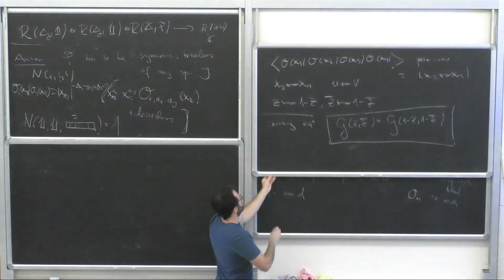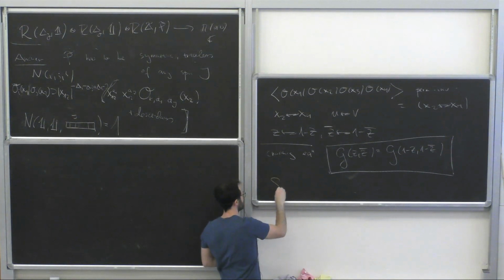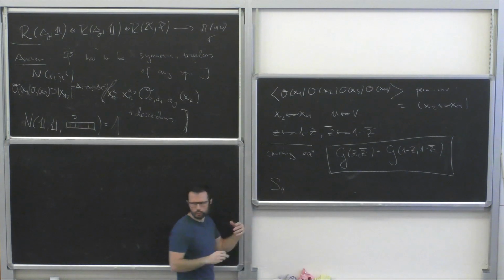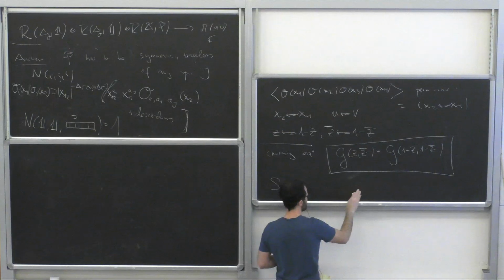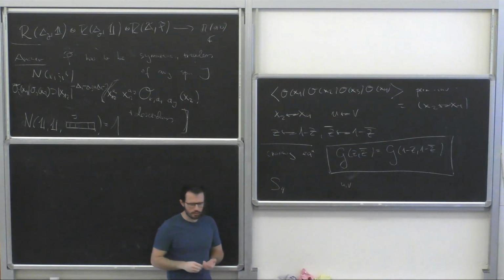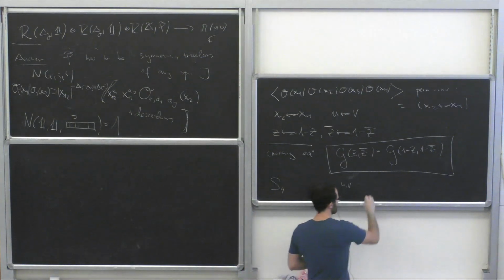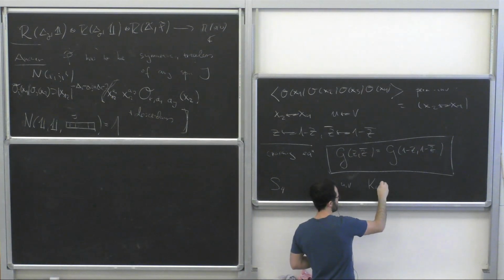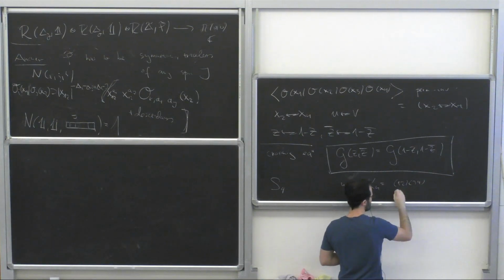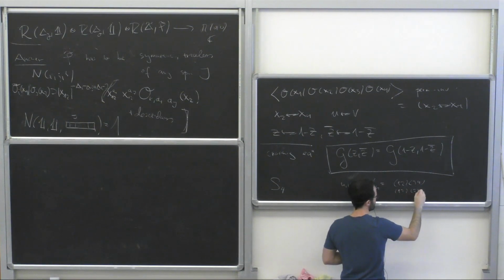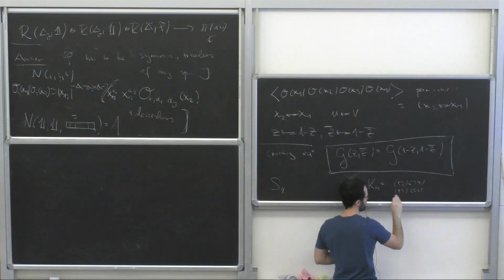There is the group S4, the symmetric group on 4 letters acting on the 4 points, and the cross ratios u and v are fixed under a subgroup of order 4. It's called the Klein 4 group, which just consists of the pairs of transpositions. So it's generated by this.